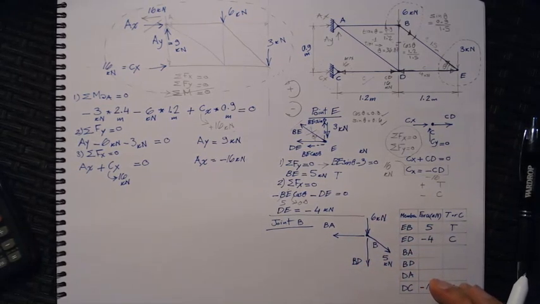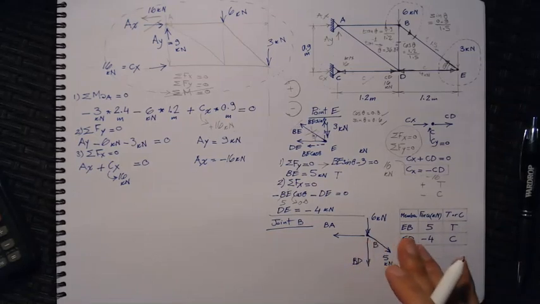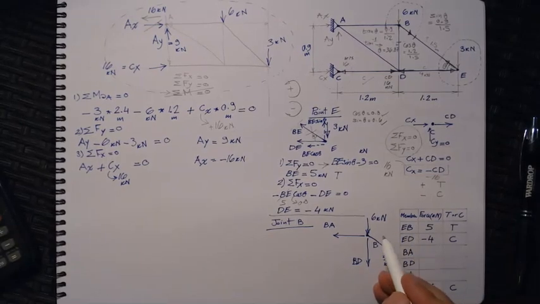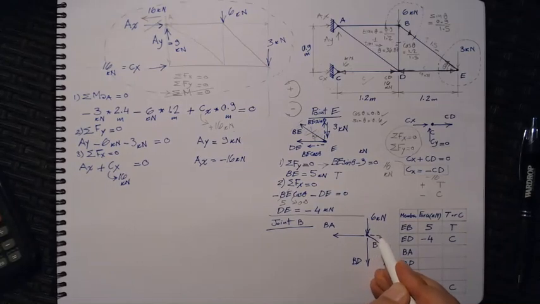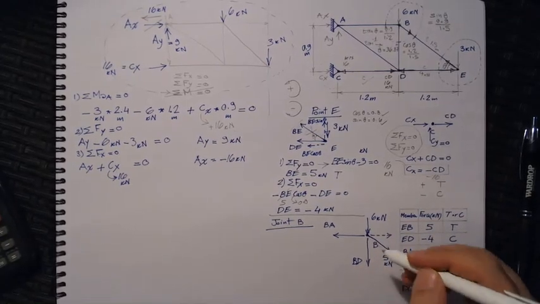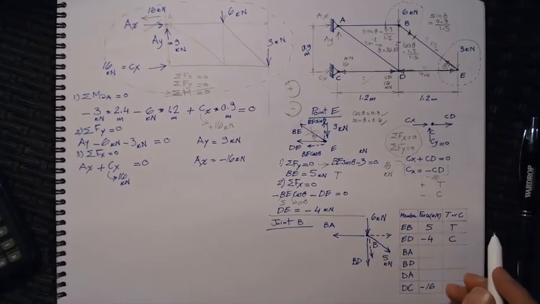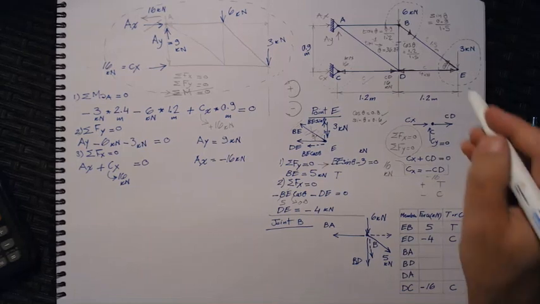Sometimes it's better to consider one direction first, because you can get an unknown quicker. But in this case, it doesn't make a lot of difference, because the 5 kilonewton, we will get it in the x component and the y component. So what is the angle theta?